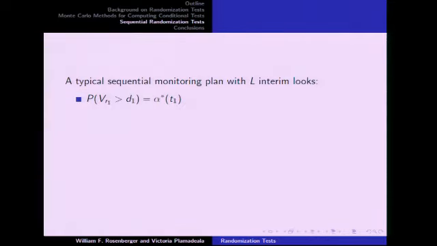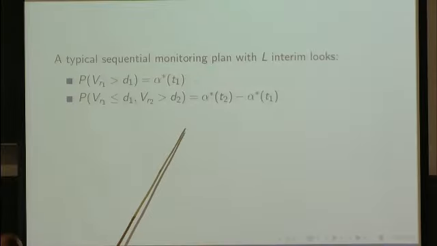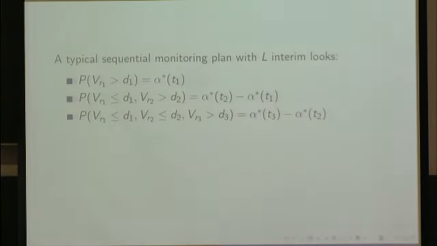So in a typical sequential monitoring plan, you need to find critical values that give you an alpha 1 for T1 at the first time period, and then you find another critical value so that the joint distribution of these test statistics has alpha 2 minus alpha 1, and so on.